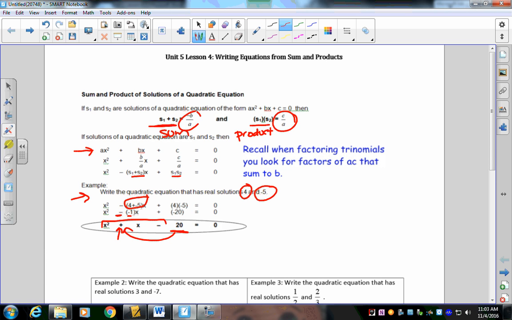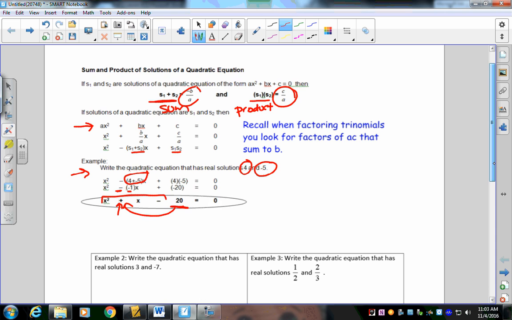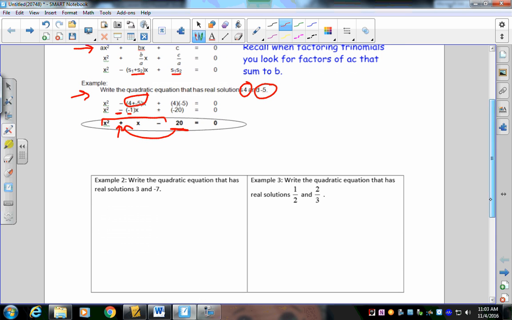All right, well, what about a? We'll talk about that in example number 3 when it really comes into play. Because in this example, it is an a value of 1. Because think about it, guys. When you added the 4, you did the negative of 4 plus negative 5. That gave us negative 1. So those are positive. Your value when you add the sum is negative b over a.